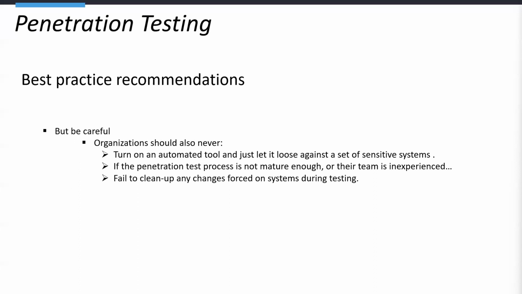And also, don't fail to clean up any changes forced on systems during testing, such as changed configurations, added users, and so on.